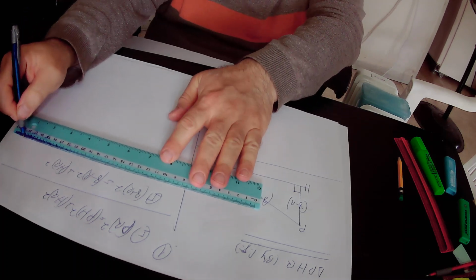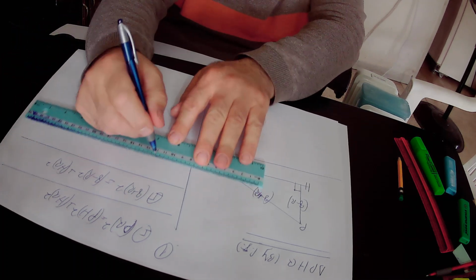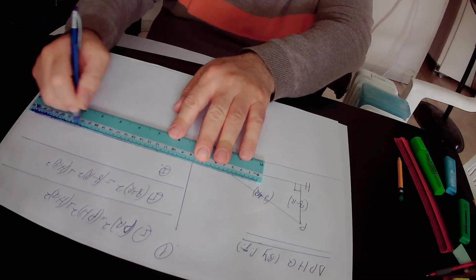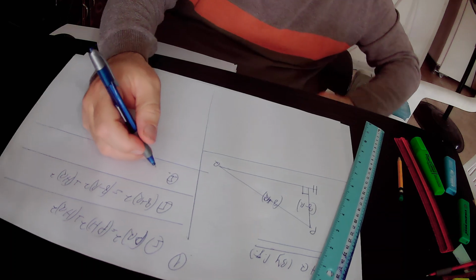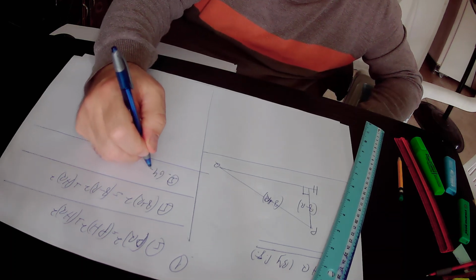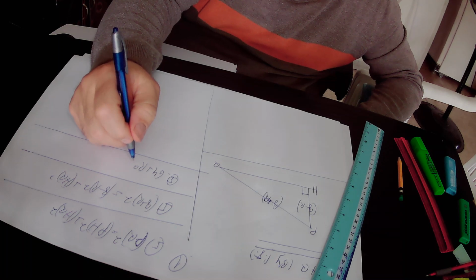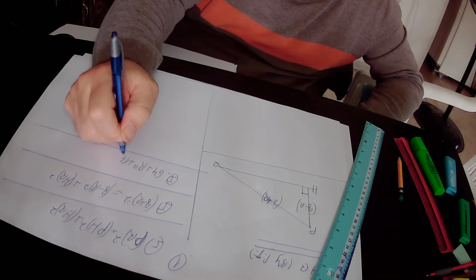So here we'll open the brackets on both sides of this equation 1. According to this equation, 8 plus r squared equals 8 squared, that is 64, plus r squared, plus 2 times 8, that is 16 times r, so plus 16r.